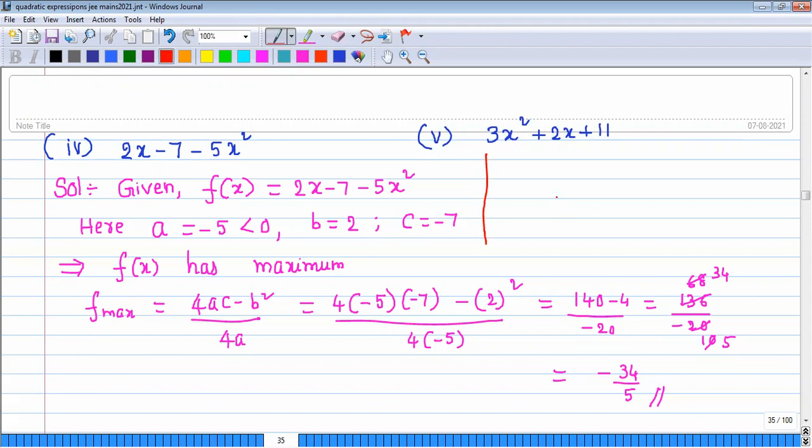Is it minimum or maximum? Minimum, sir. Yes, minimum. So let us find out f minimum. What is the f minimum? 4ac minus b square by 4a.